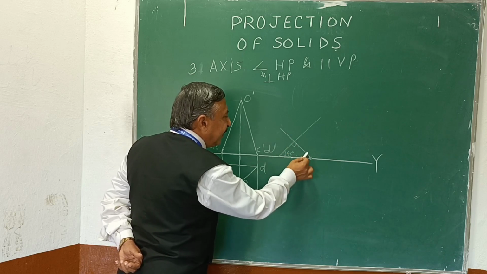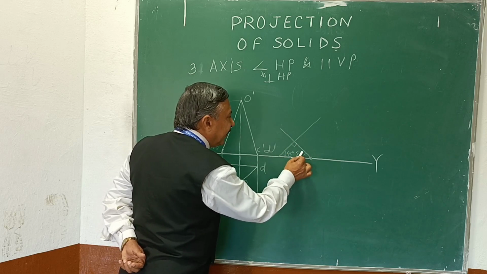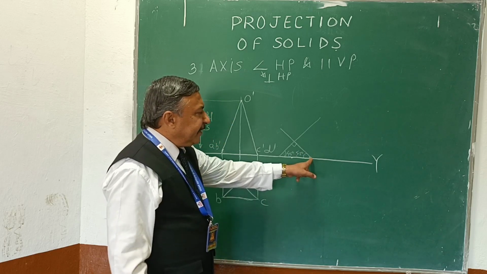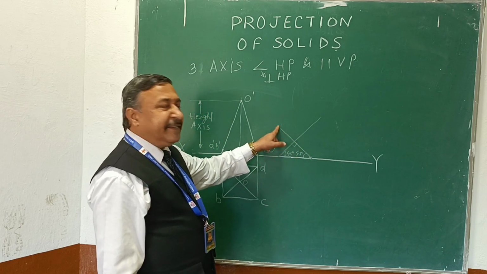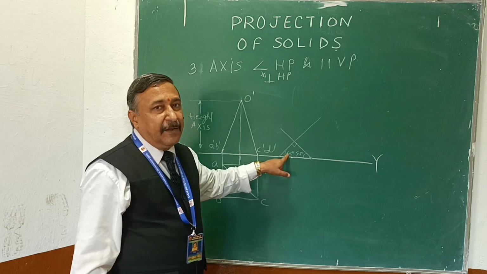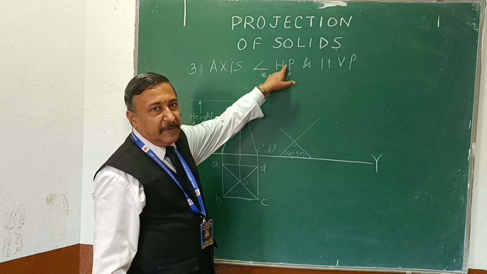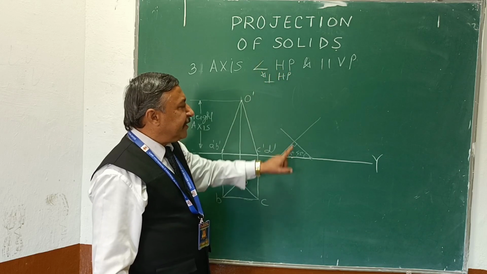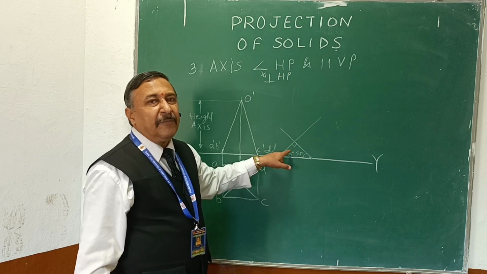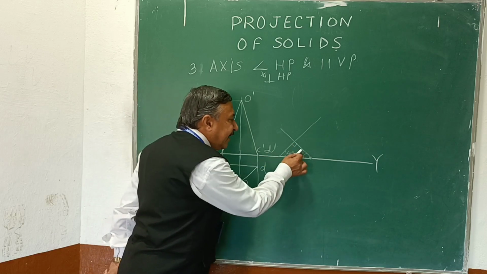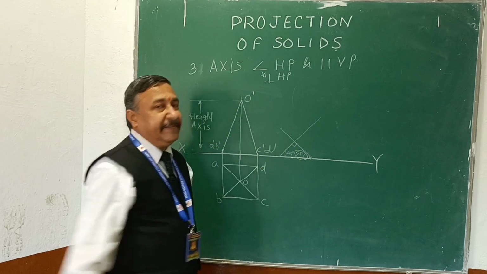This is 90, so this is 45 degree. Means the inclination of base is 90 minus theta, whatever is given in the question. Inclination of HP, we subtract from 90 degree. That angle is the inclination of base.